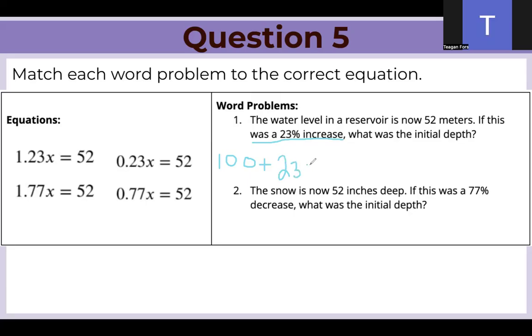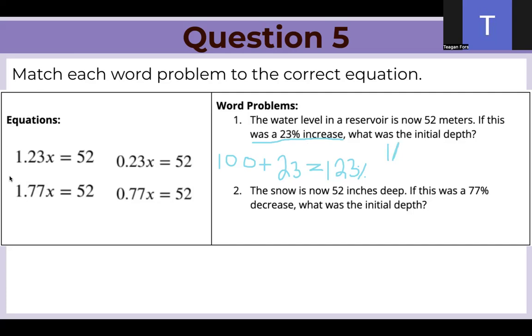So when I increase it by 23%, I am left with a total percentage of 123%. Now, in these equations, I don't see any percent signs, so I need to think about this 123% as a decimal. And when I think about this as a decimal, it comes out to 1.1.